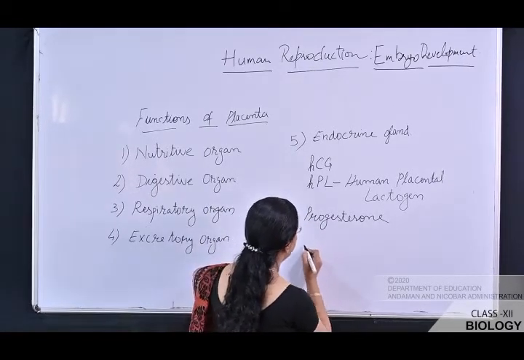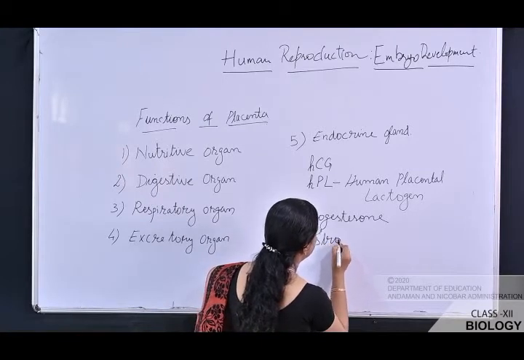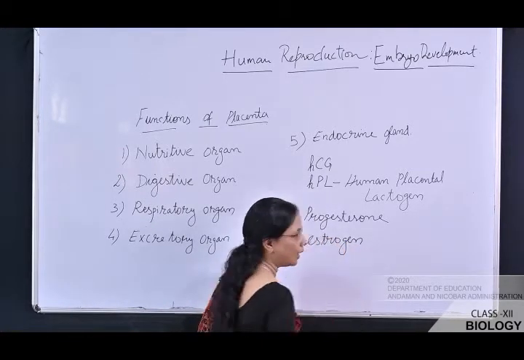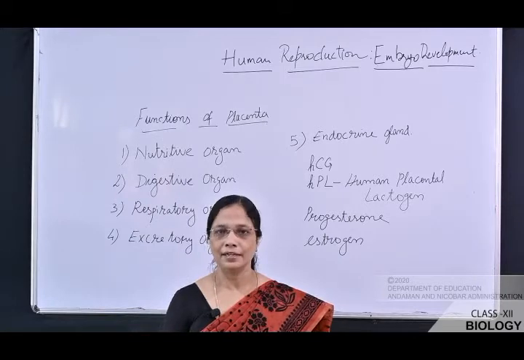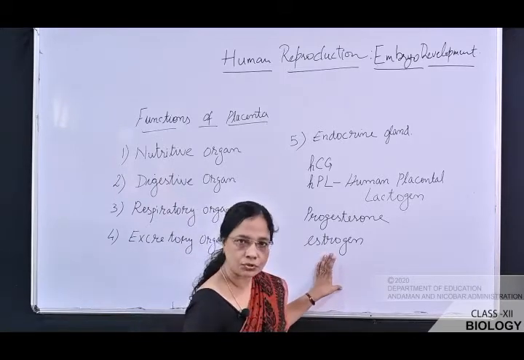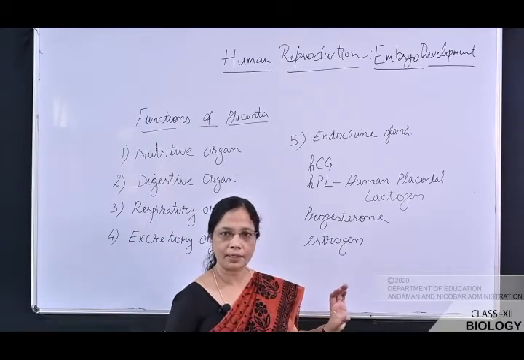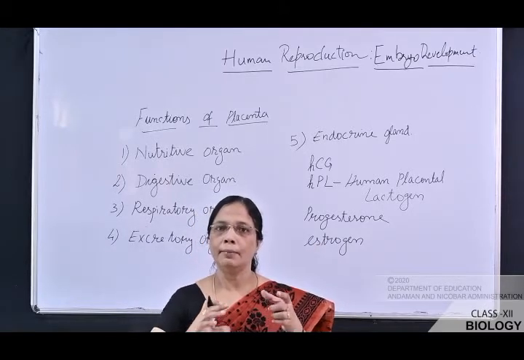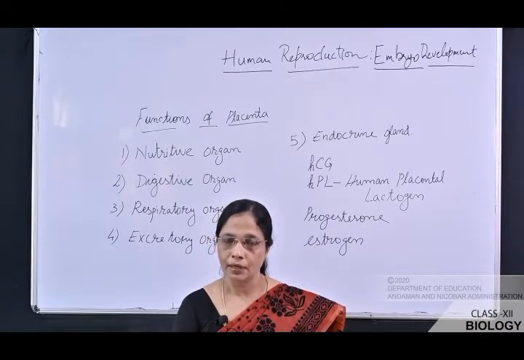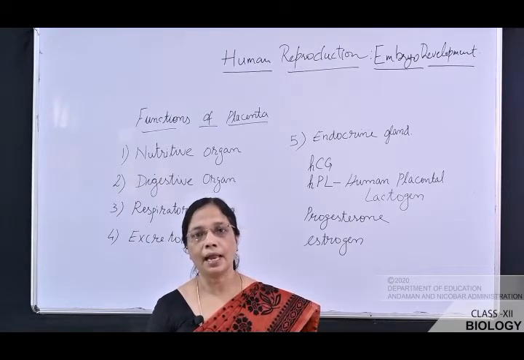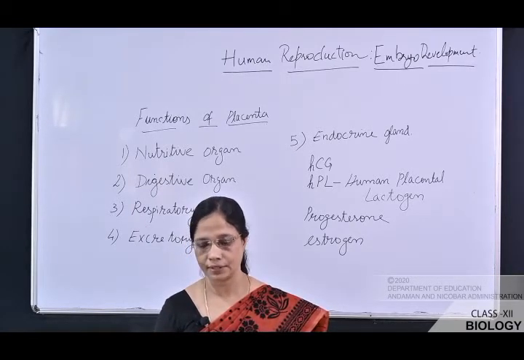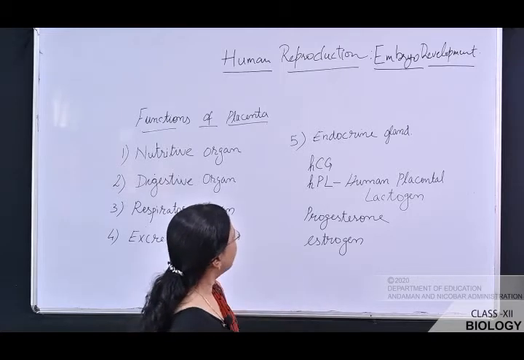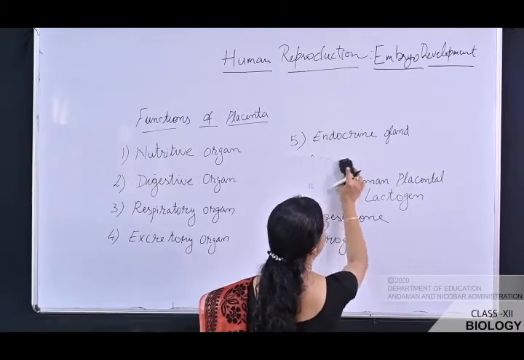Next is estrogen, another hormone. This estrogen is also secreted from the placenta. It helps in maintaining the pregnancy, as well as in the development of the fetus. So this is how it acts as an endocrine gland.